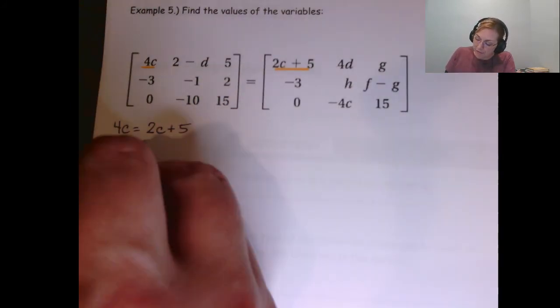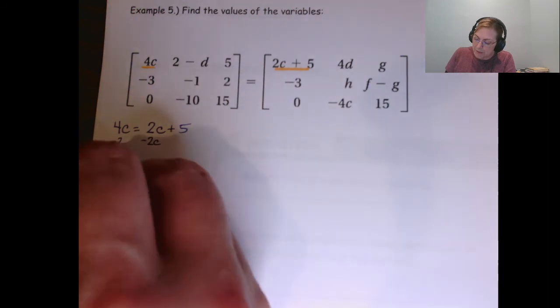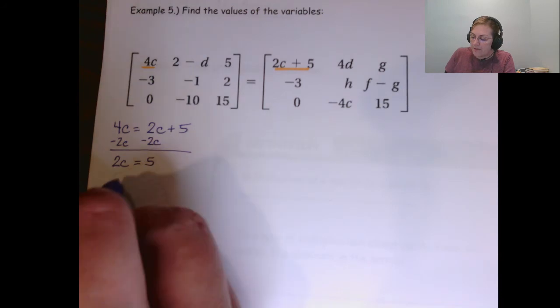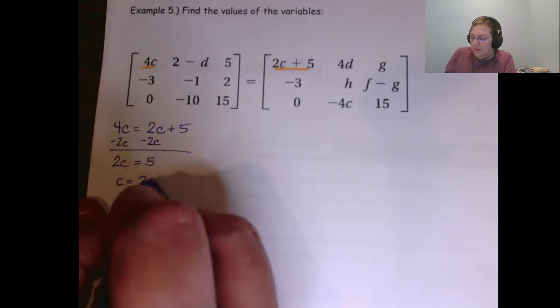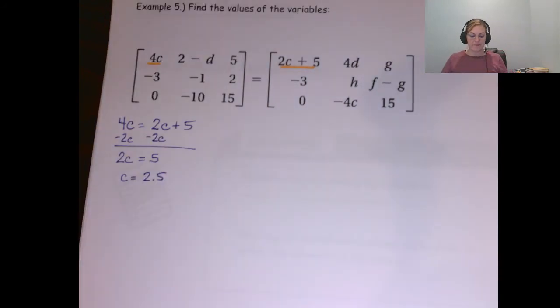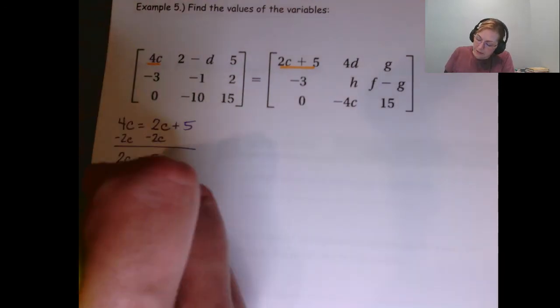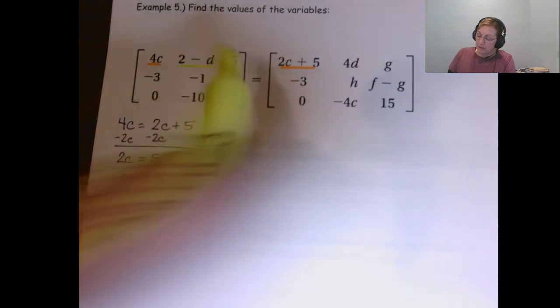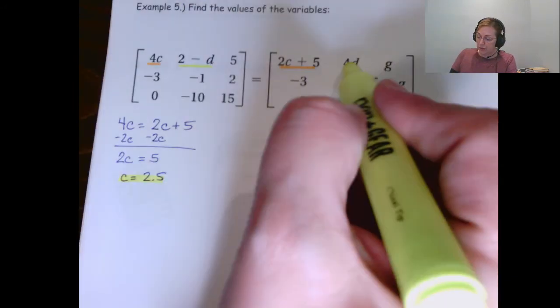So we can solve here just by subtracting 2C. I get that 2C equals 5, so C is 2.5. Okay, let's go to the next location. So I've got row 1, column 2.